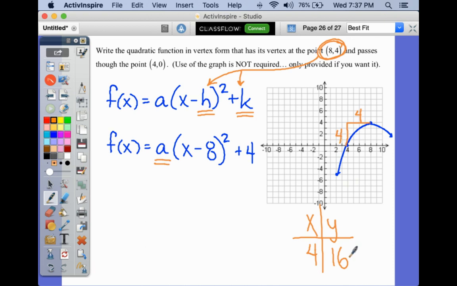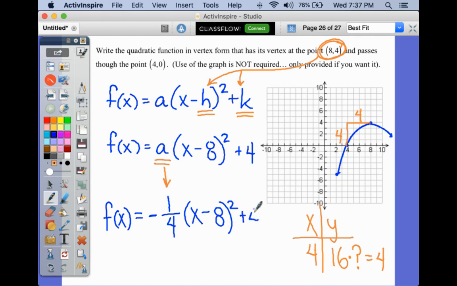So what do I multiply this by to get 4? The answer is we multiply by 1/4. So the value of a has to be 1/4. Now because that parabola is opening down, it's actually going to be negative 1/4. So I have f of x equals negative 1/4, and then the rest of this quantity x minus 8 squared plus 4.